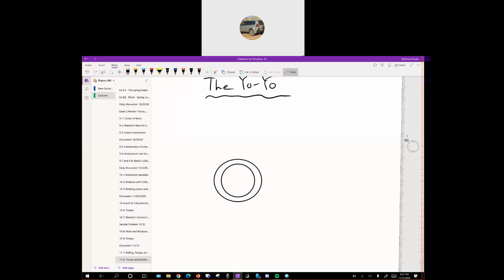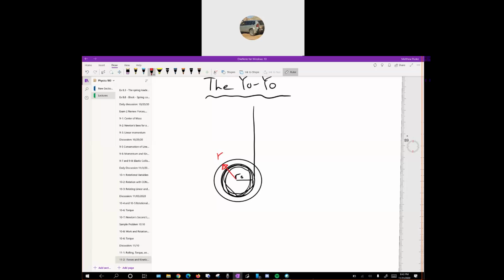Pretend those are circles. And your finger is attached to a string that goes to the one that winds up, so that it spools up around here. So we can say that this is some r naught, and then the full outer radius is some r.